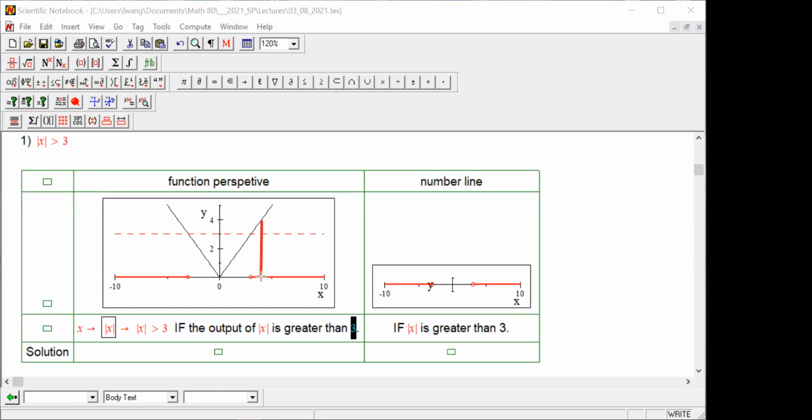So we want this height to be larger than 3. So this broken line is larger than 3. So we have many inputs. Some of them are less than -3.